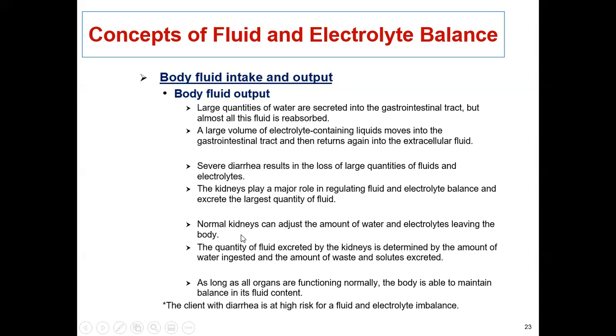The normal kidney can adjust the amount of water and electrolytes leaving the body. The quantity of fluid excreted by the kidney is determined by the amount of water ingested and the amount of waste and solute excreted.